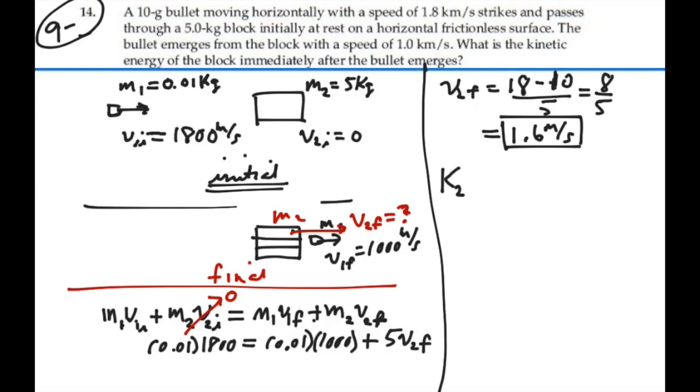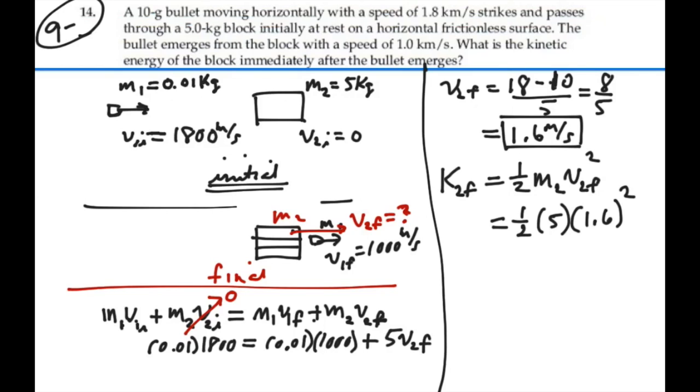The final kinetic energy of particle 2 is 1/2 its mass, m2, times its final velocity squared, 1/2 mv squared. So this is 1/2 times 5 kilograms times 1.6 meters per second squared.